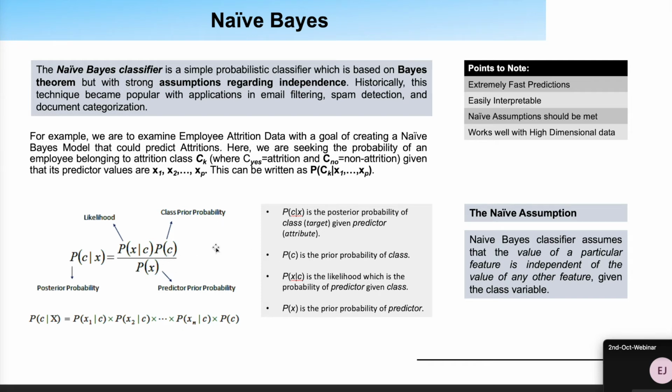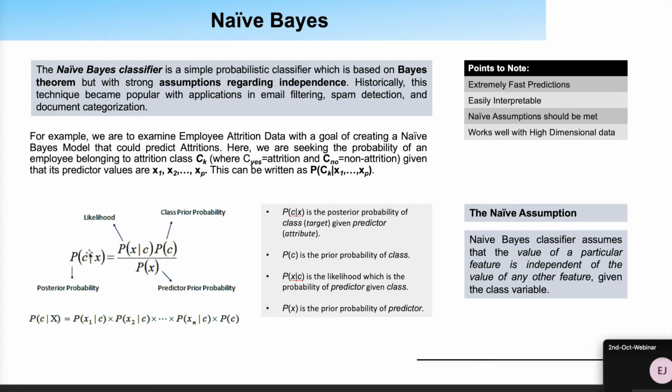Now, the formula has distinct parts: the prior probability, the likelihood, and the posterior probability. The probability is an outcome from the model. It is the probability of the class, meaning 0 or 1 in our classification examples that we were taking previously.